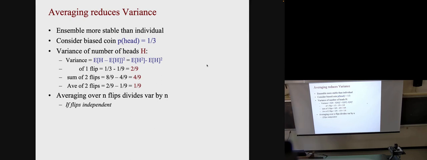This is a binary yes or no setting. For example, if the first one was correct, the second one was correct, and the third one was wrong, then this is a correct prediction.